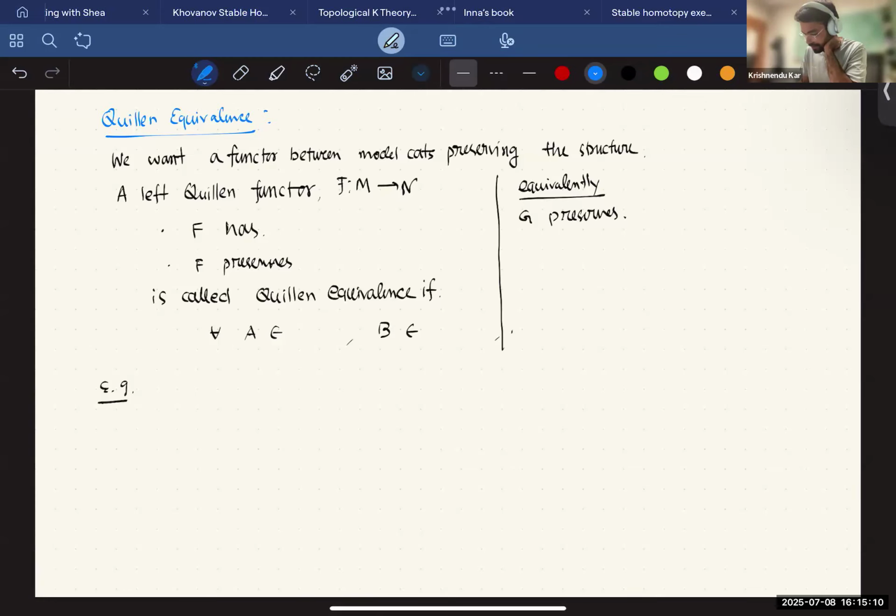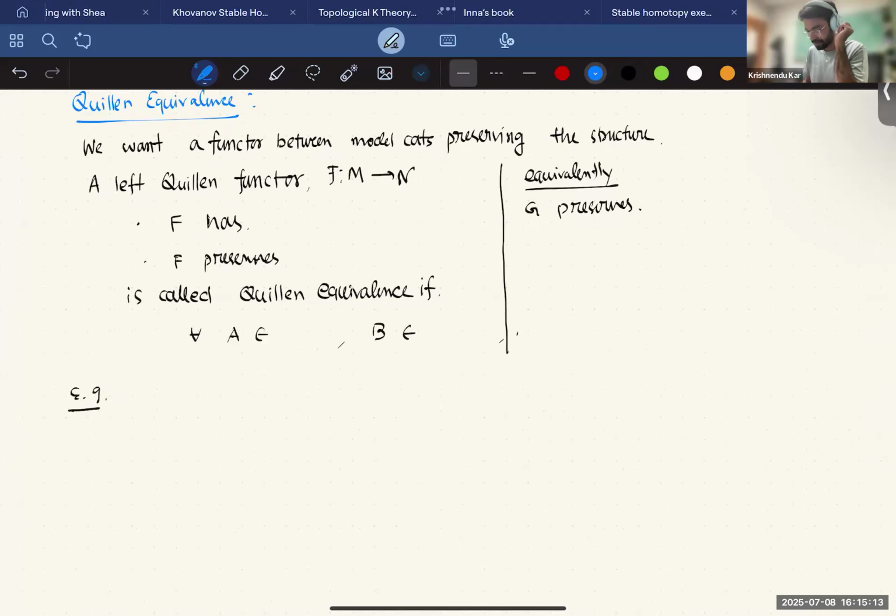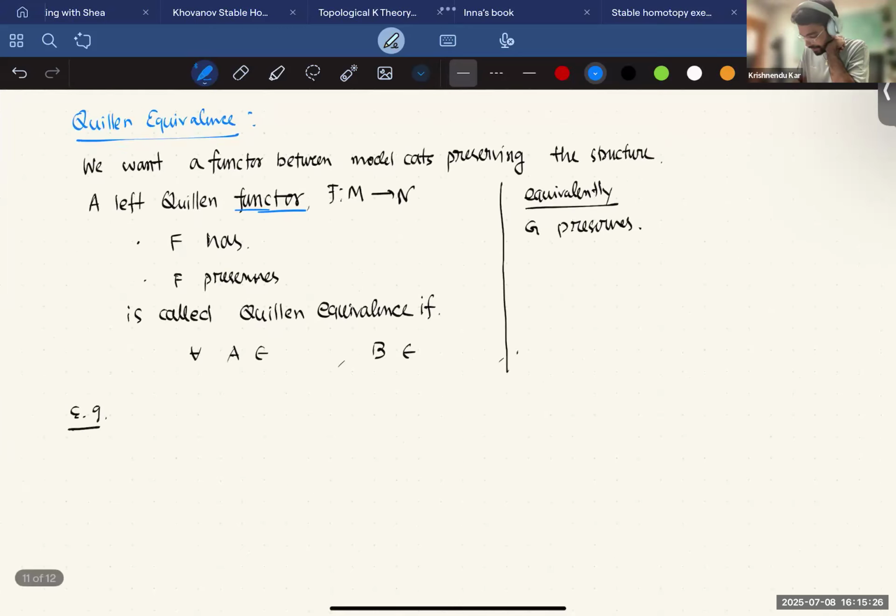So we want a functor between two model categories, preserving the model structure, right? That's why we want a functor to behave like that. So I will call a left Quillen functor F from M to N if F has a right adjoint and F preserves your cofibrations and trivial cofibrations.